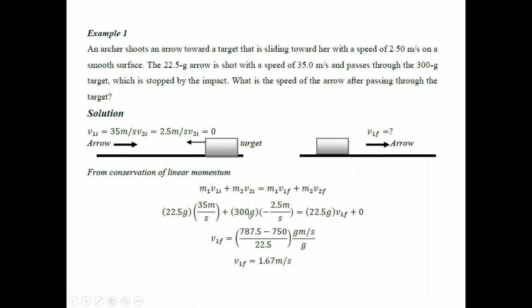So multiply these two together, subtract this value, and divide by 22.5 gram. When you multiply, 787.5 minus 750, divided by 22.5. Gram cancels gram, and finally we have 1.67 meters per second, the speed of the arrow towards the right direction. The velocity of the arrow is plus 1.67 meters per second.